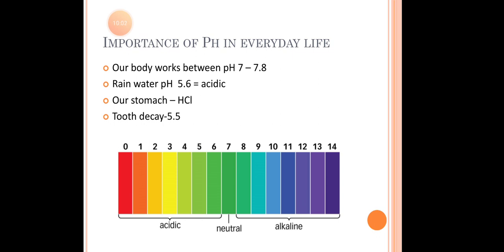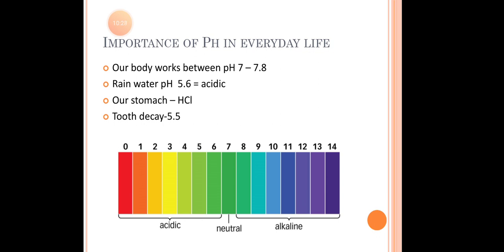From this you will understand that various liquids have different pH based upon the presence of hydrogen ion concentration, and the strength of acidity. Now, looking at the picture here in the PPT, you can see our body works between pH 7 to 7.8.